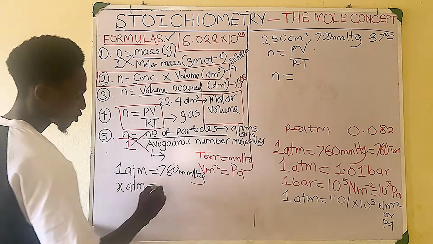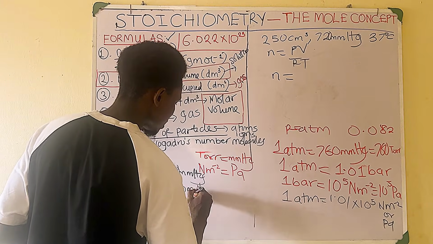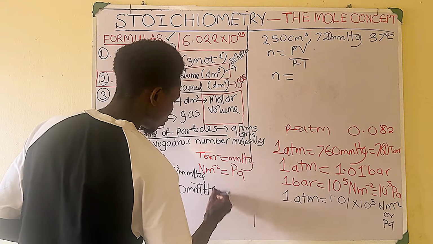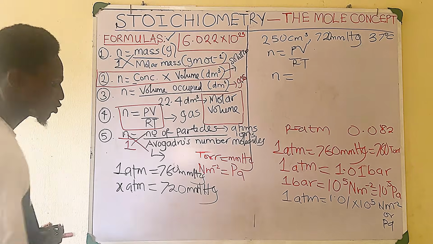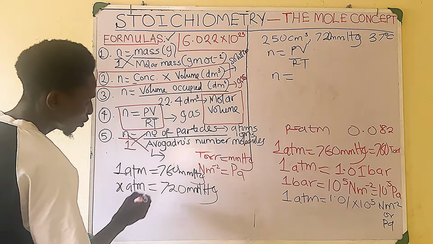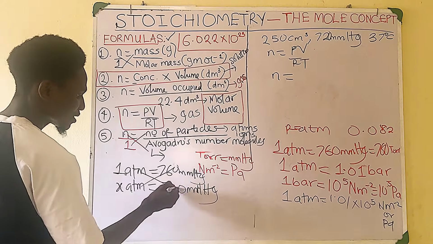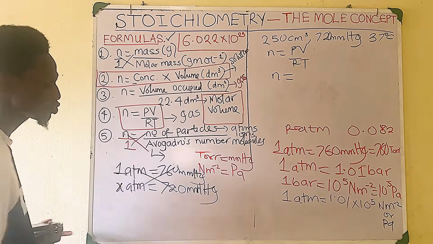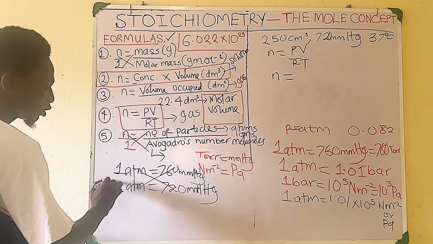So let's call it X, equals to 72 millimeters. We want to convert 72 millimeter of mercury to atmosphere. So I put X here. 1 atmosphere equals to 760. So it's a relationship method. I'm going to cross multiply: 1 times 72, 760 times X. This is how you do relationship method. If you have known values and you're looking for an unknown, just relate them.